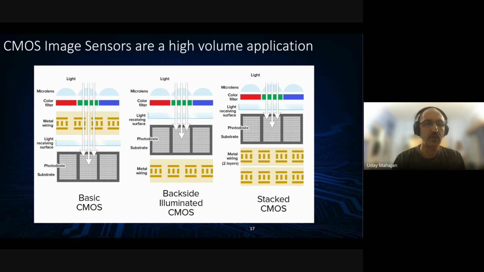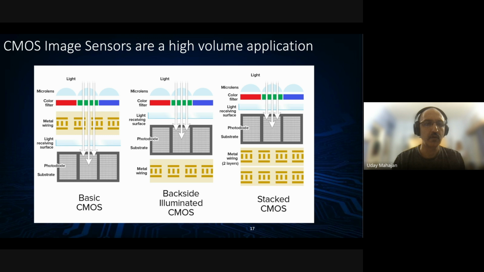It was capped at around 50 to 60% because a lot of the light was scattered by the wiring, the interconnects. So the industry made the first big switch when they moved to backside illuminated CMOS, where the wiring was put below the light detection layers. So now your quantum efficiency skyrocketed to 90% plus, and it gave you much, much better optical performance. Angular light acceptance was better. It worked much better at low light in terms of signal to noise ratio.